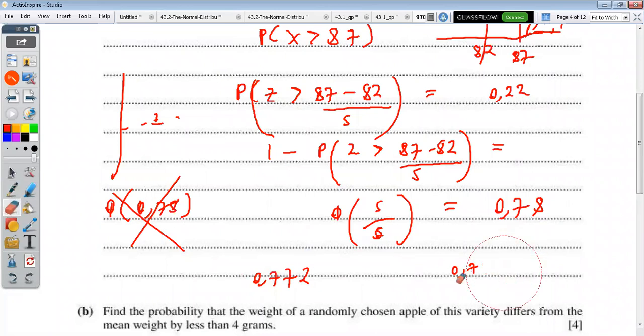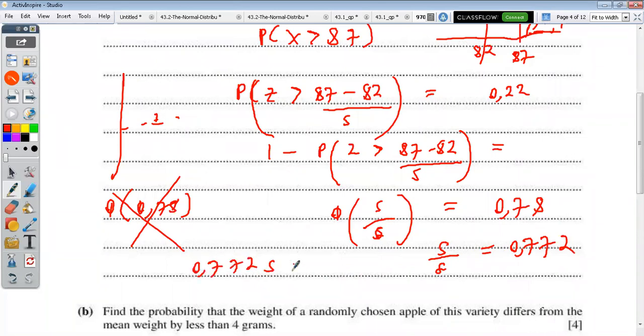So it now means we are simply saying 5 over our standard deviation is equal to 0.772. Clear now? Make sense? Then 0.772 S is equal to 5, huh?